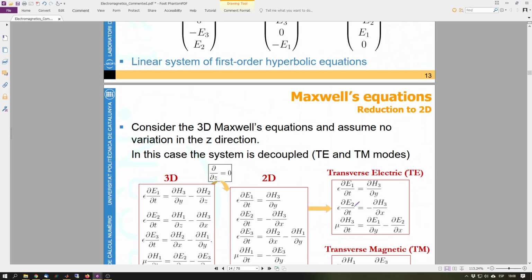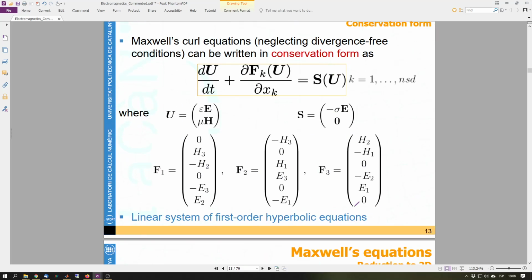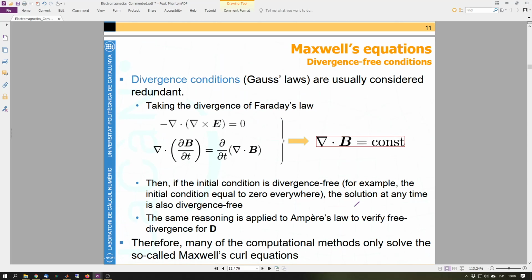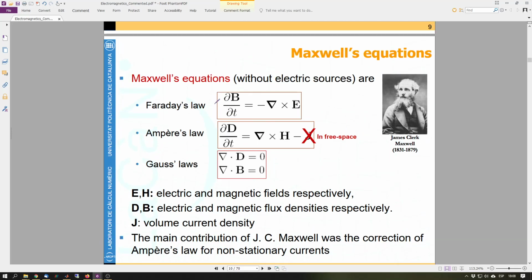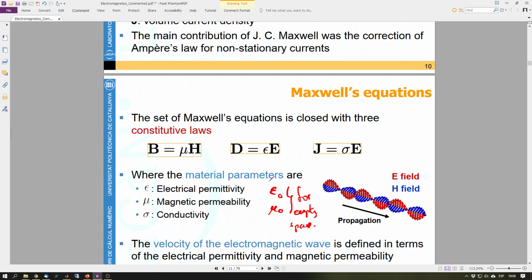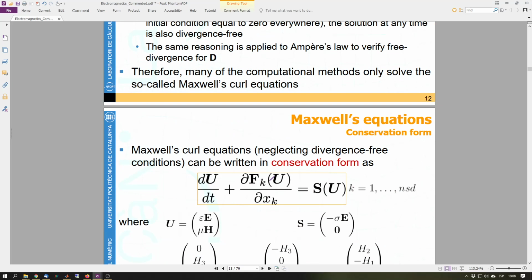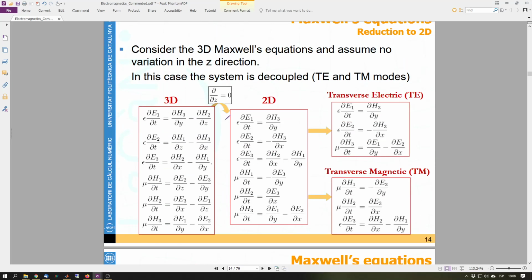So we can reduce these equations, the Maxwell's equations that we have here, and that's the aim, to see what happens if at least along one direction things are constant. By things we mean my electrical field or my magnetic field.